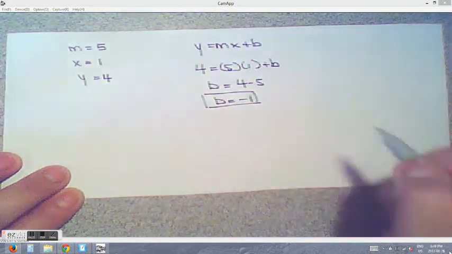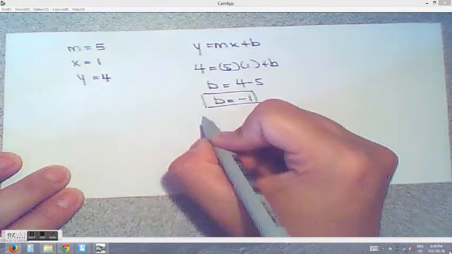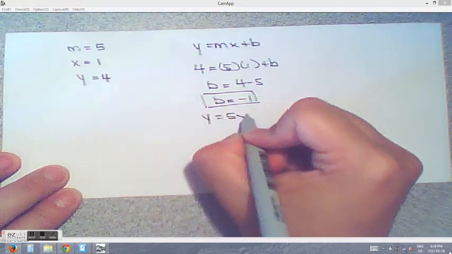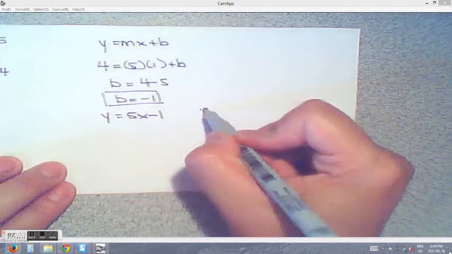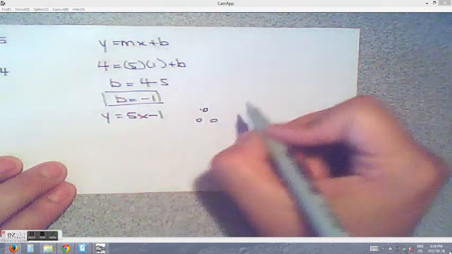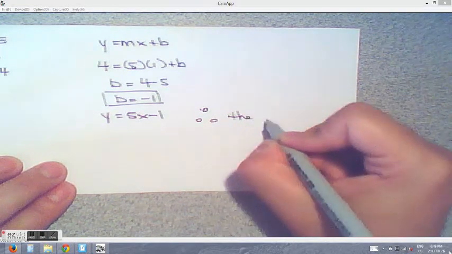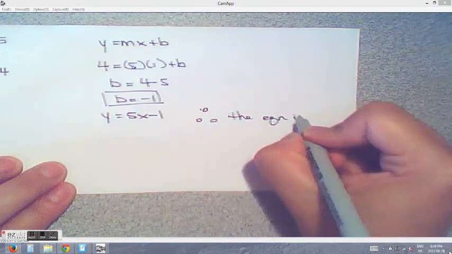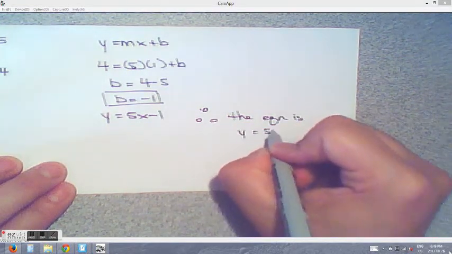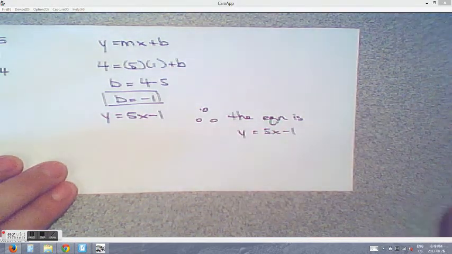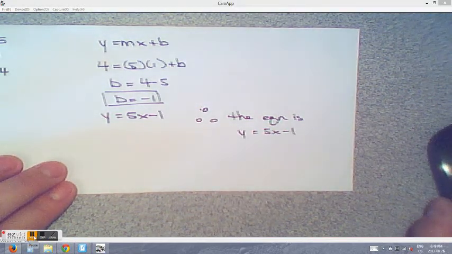Putting it back into the general equation, y is equal to 5x minus 1. Just for completeness, we're going to write a nice statement. The equation is y equals 5x minus 1. And that's your final answer.